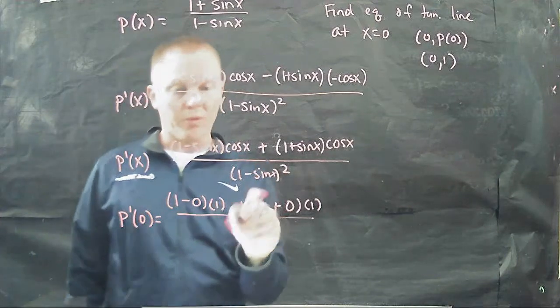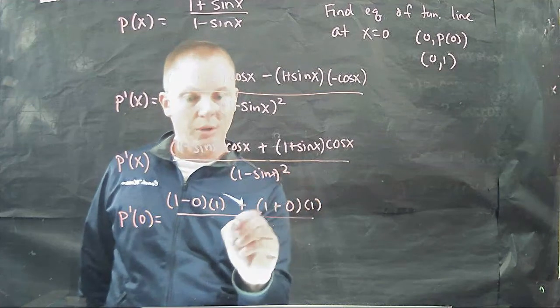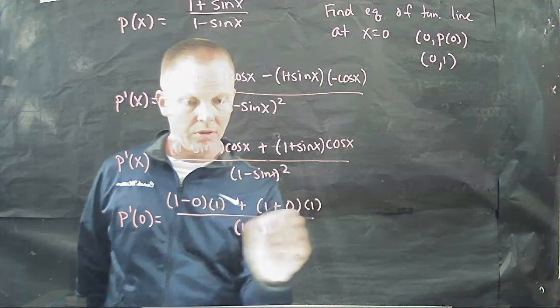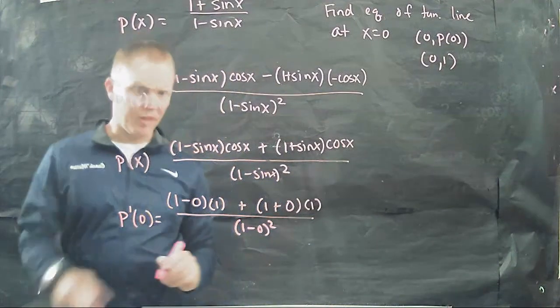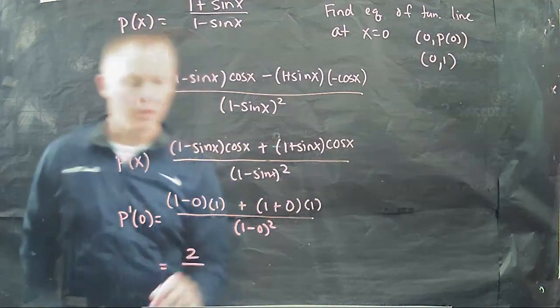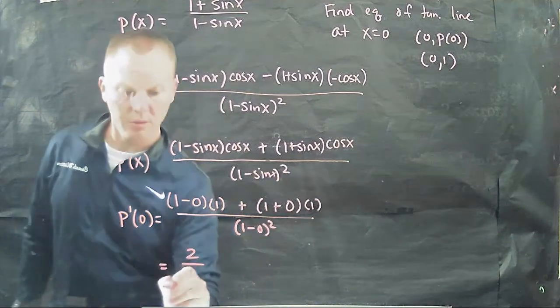I must use pink more than anything. 1 minus sine of 0, so sine of 0 is 0, so that's just going to be 1 minus 0 squared. Looks to me like that's 1 plus 1, so that's 2. And this is 1, so the slope is 2.